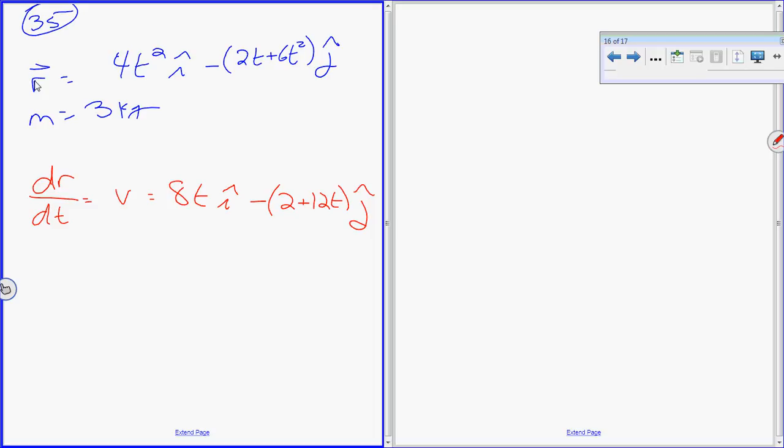All right, so that's my velocity at any instant. So now I ought to be able to find my acceleration. So that's going to be 8i plus 12j, right? Cool.